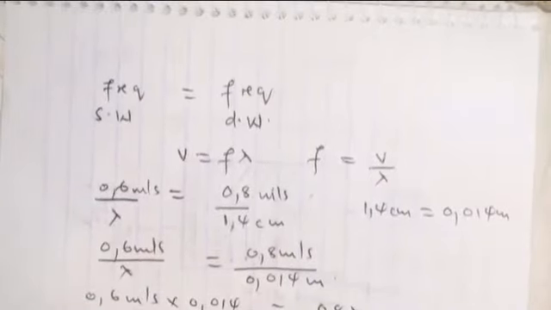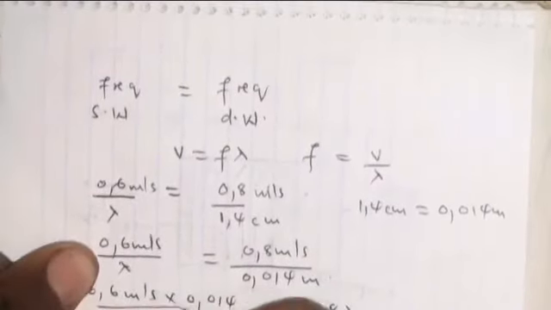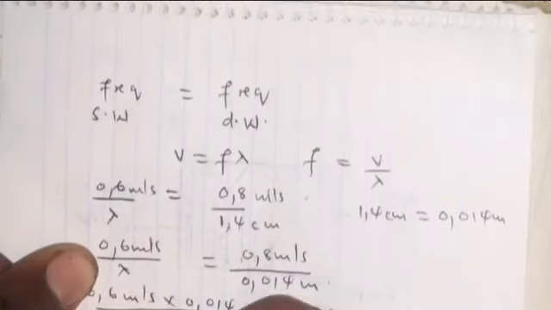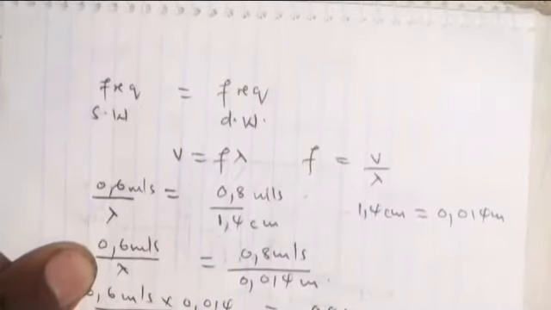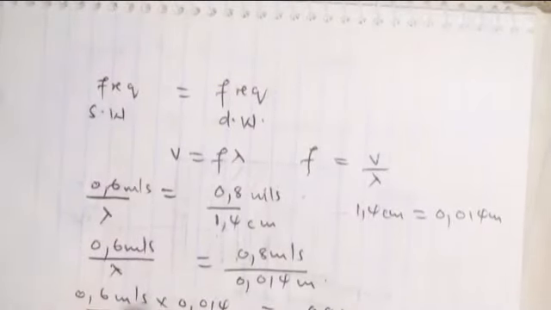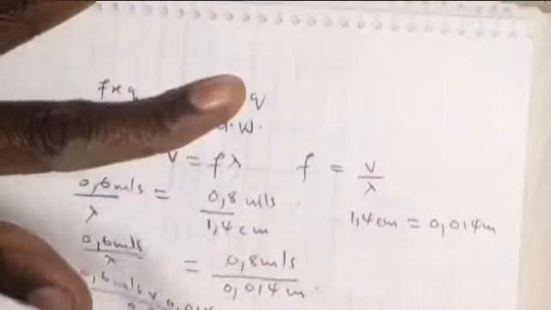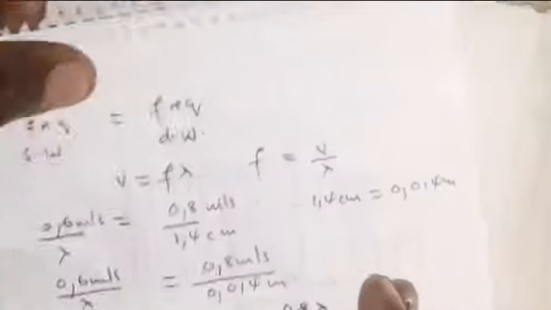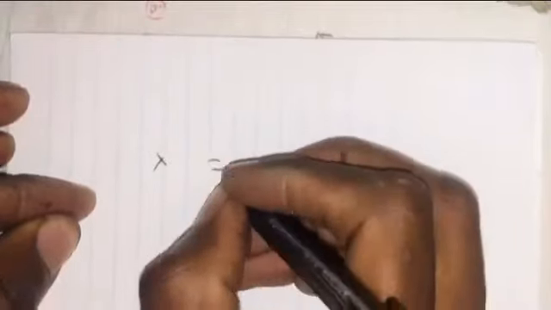Then of course I divide both sides by 0.8. Then the wavelength in shallow water will be equal to 1.05 centimeters.